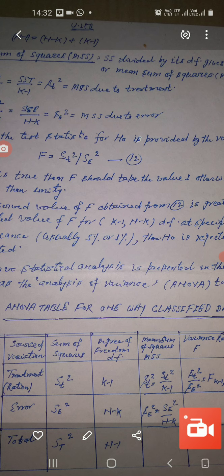Now we have some notes in this regard. For numerical computation of the various sum of squares, the following formulas are used.